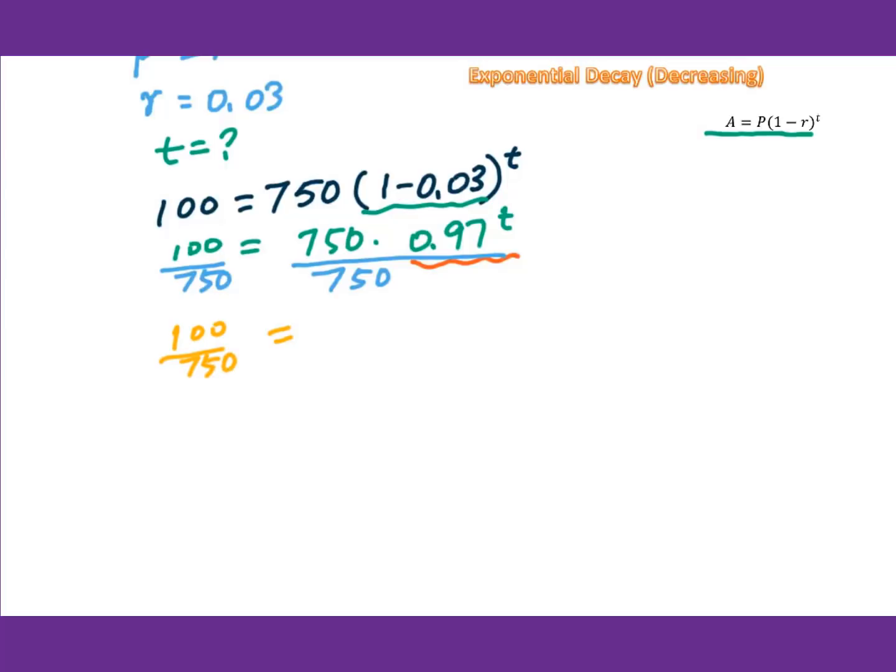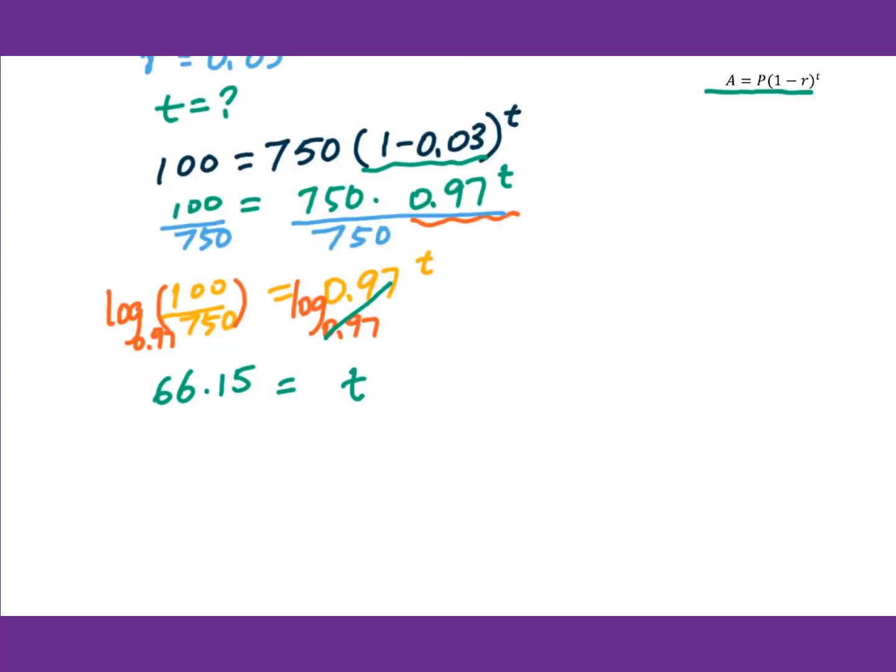You don't have to simplify because anyway we need to put it into the calculator. 0.97 to the T. Then we have to do the log base 0.97 of both sides. So we got T equals 66.15 years.